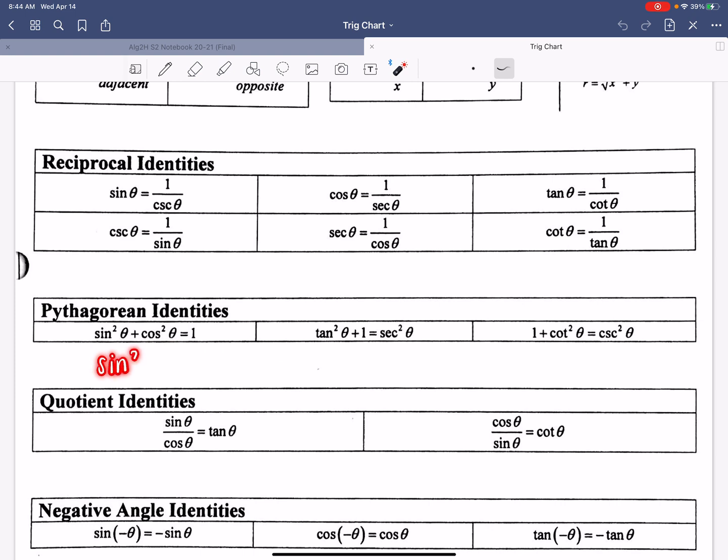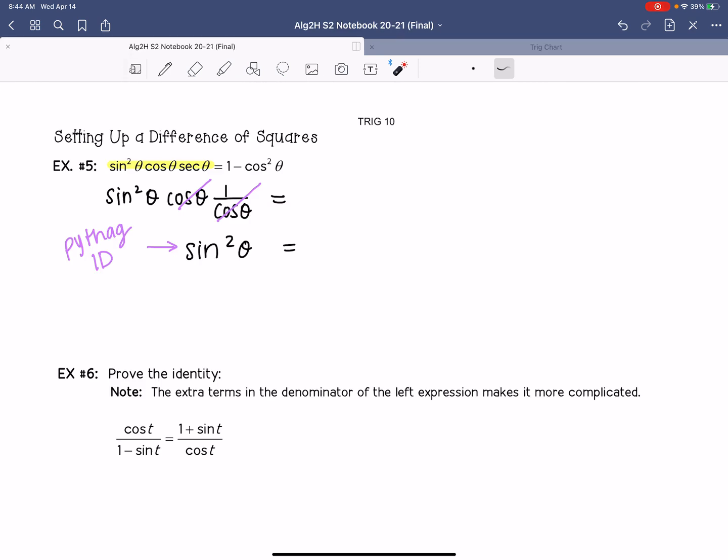So then I would get sine squared theta is equal to 1 minus cosine squared theta. So that's what I would write next. That's equal to 1 minus cosine squared theta, which we made equal to the other side, 1 minus cosine squared theta. So I proved this, so we put QED.